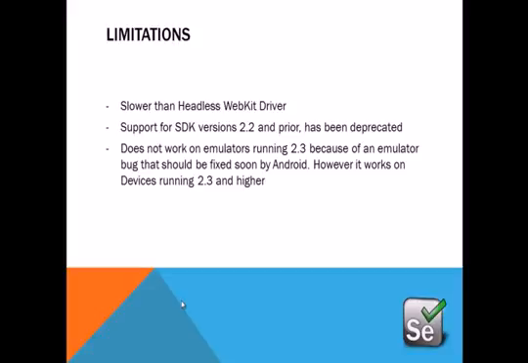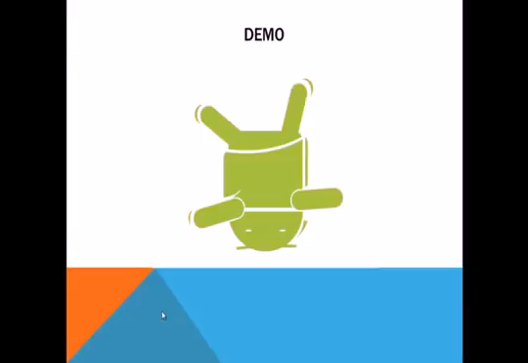The main problem you're going to face is that it's slower than a headless toolkit, and it supports 2.2 well in the emulator, but 2.3 has some little problems. Currently Android is trying to fix this problem. I hope in the very near future it's going to be fixed. But the device is okay. No version makes any problem.